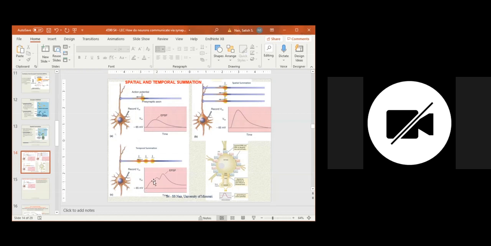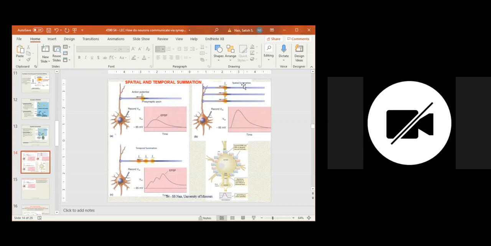So they build, the postsynaptic potential goes up, up, up. And then after the third spike, there is no other spike, so it decays. If there were a fourth spike, it would go up further from here. So this phenomenon is called temporal summation. Spatial summation, can you guess what it should be?